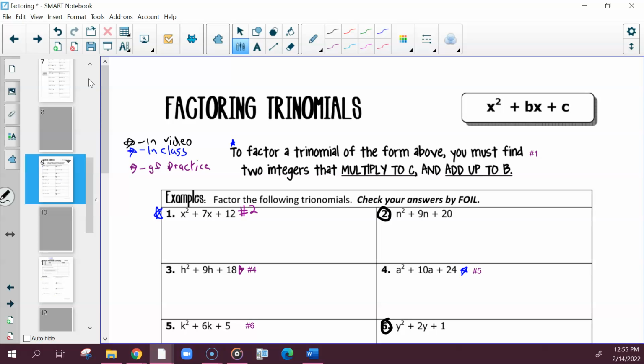But with these, we're dealing with trinomials, so 3 terms. If you have 3 terms in this format, so there's nothing in front of x squared, or it's really a 1, then you can use these. And we have to use different rules. Remember that some of this may be new, so everyone should be paying attention.